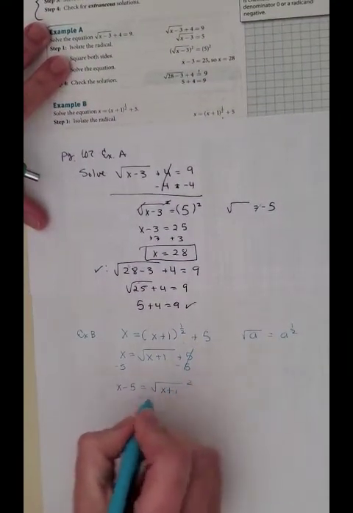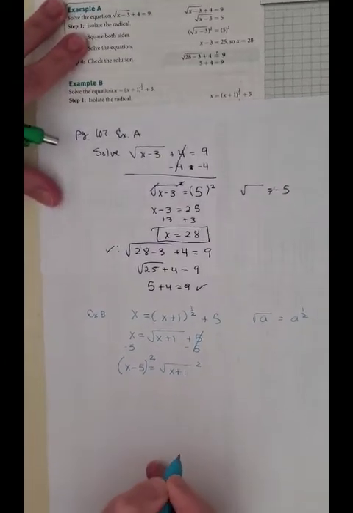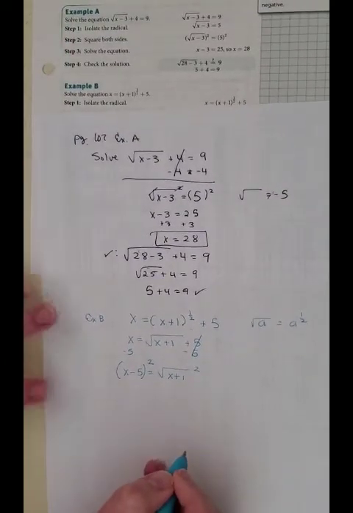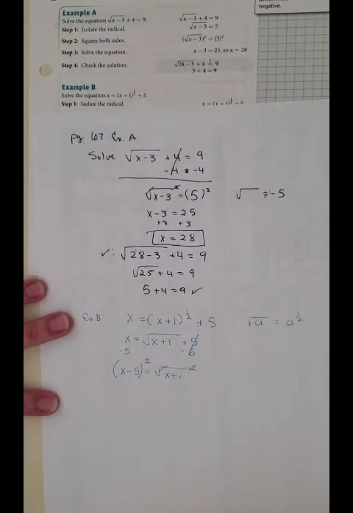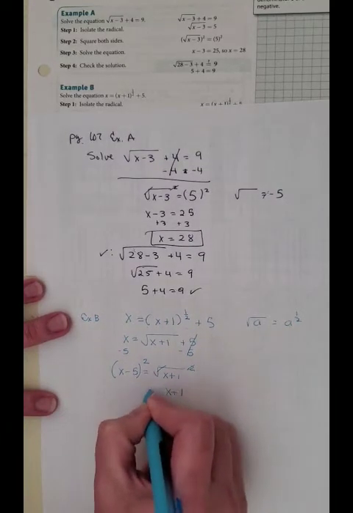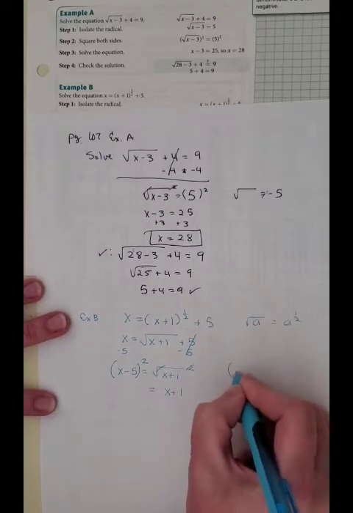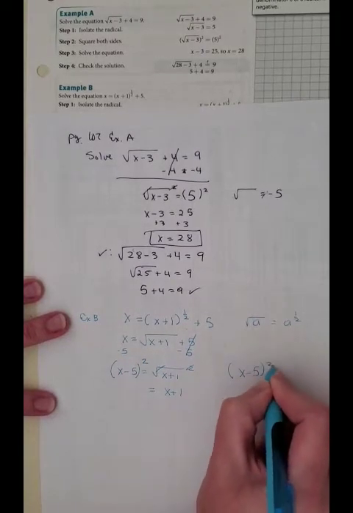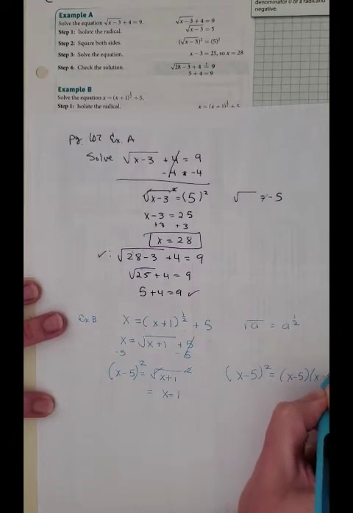Now, when we square both sides, we have to square this entire side. That means I need to put parentheses and square the entire side. On this side, it's pretty straightforward. The square and the square root are inverses, so we get x plus 1 equals. Now, x minus 5 squared, x minus 5 to the second power, means x minus 5 times x minus 5.